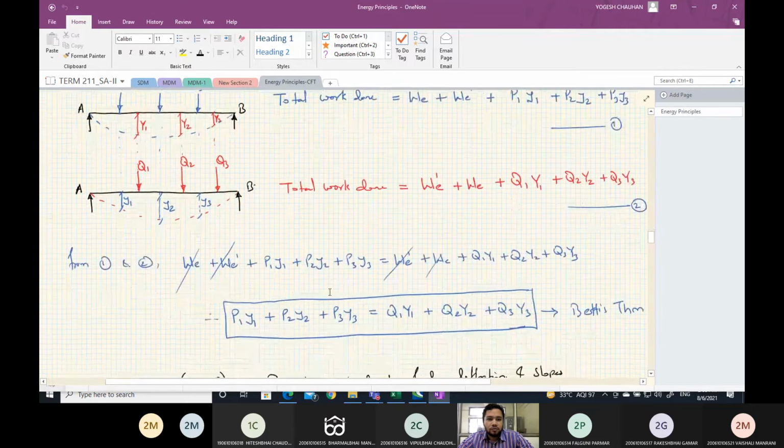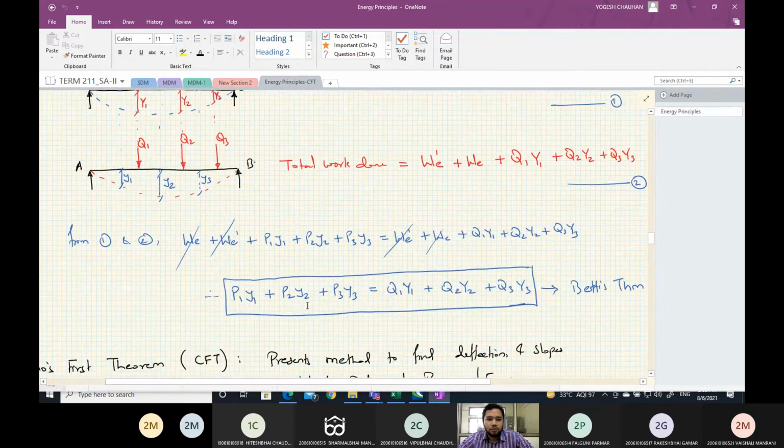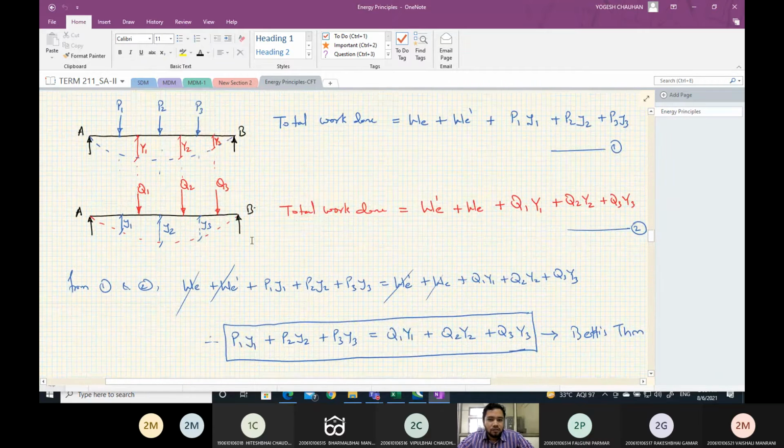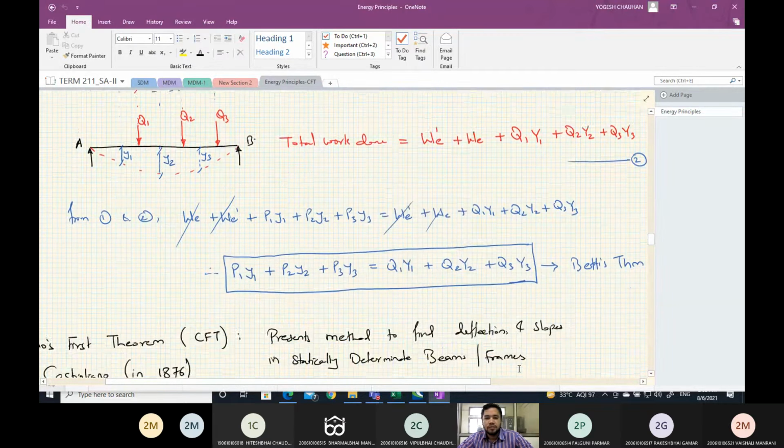Now equating these two, you will have P1 Y1 plus P2 Y2 plus P3 Y3 equals Q1 Y1 plus Q2 Y2 plus Q3 Y3. That is Betti's theorem.